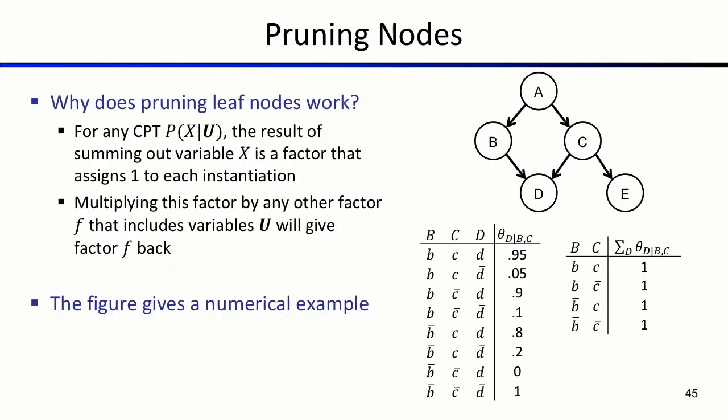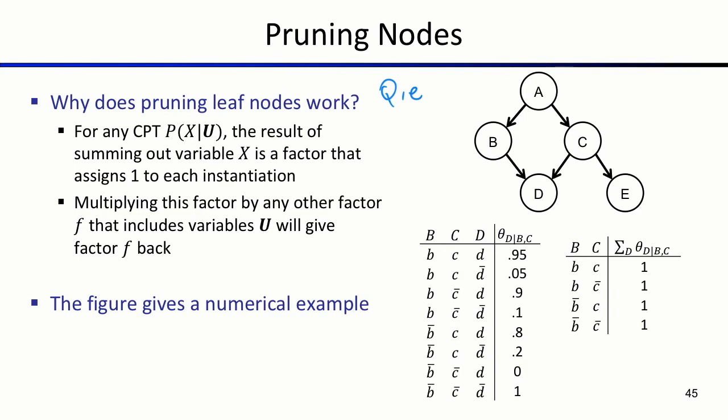One interesting question is why we can prune these leaf nodes and that will not affect our ability to compute the query. And the answer is actually very simple. If you think about the variable elimination algorithm, it will eliminate all the variables that do not belong to the query, right? So all those variables that do not belong to the sets Q and E will be eliminated. And the elimination process, we know how it works, is basically to sum out the variables. So we do a summation and eliminate the variable.